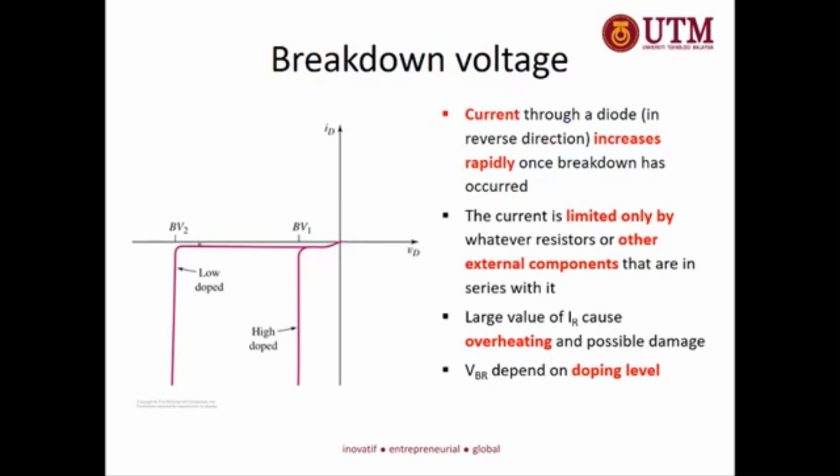So for a certain diode, the breakdown voltage might be different from another diode. This depends on the characteristic or specification of the PN junction. Remember that breakdown means that the diode cannot be used. It means that the diode has been damaged. There is possible damage inside the diode.